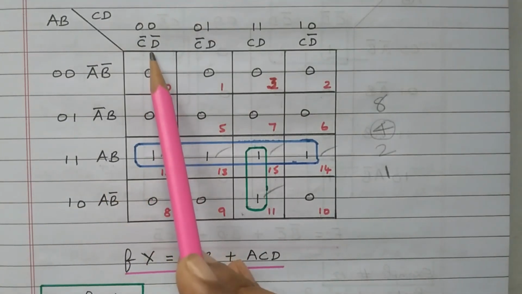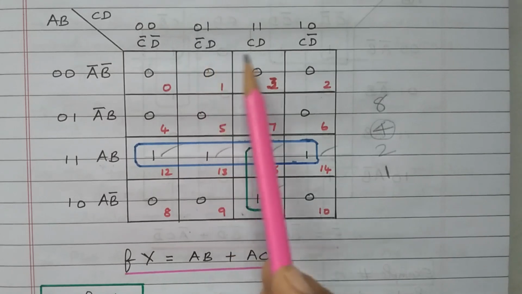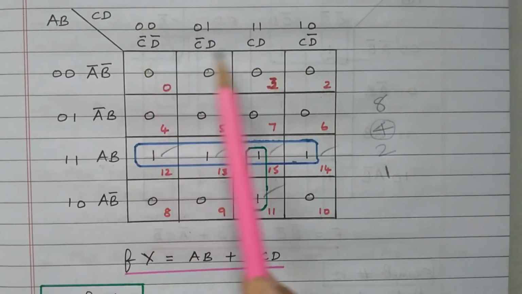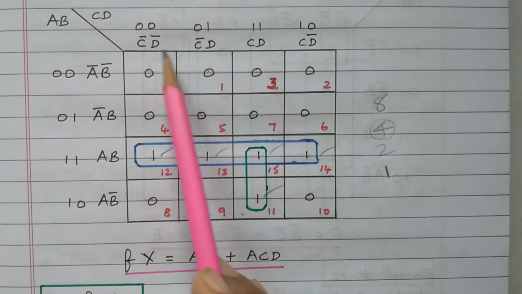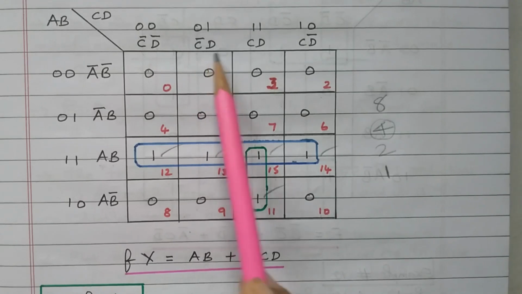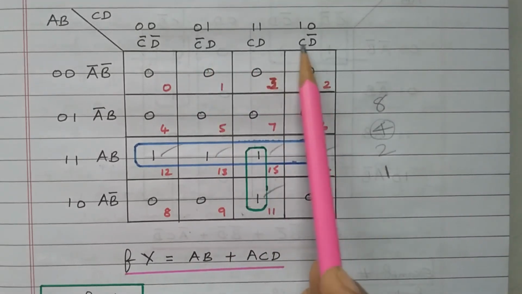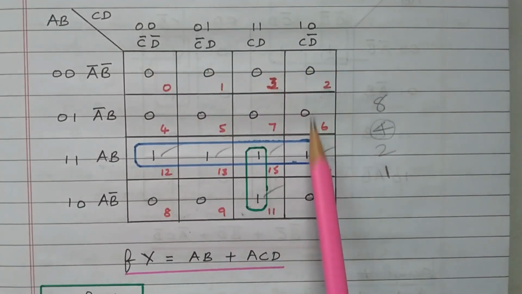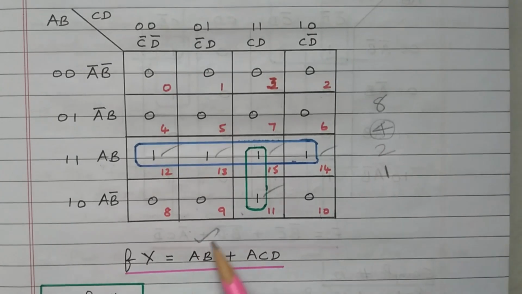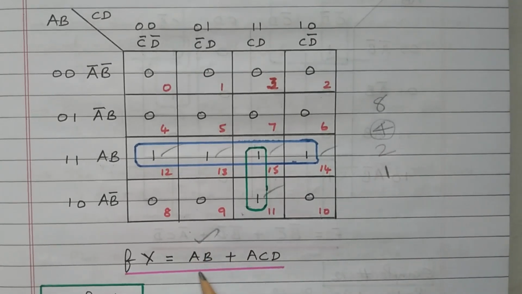C bar D bar, C bar D, C D, C D bar are available. All got cancelled. C bar D bar is cancelled by CD, as it is the complement. Similarly, C bar D is the complement of CD bar. So all 4 terms got cancelled. Only we have AB. That is written here. This is the first grouping, the grouping of 4 cells having the term AB.